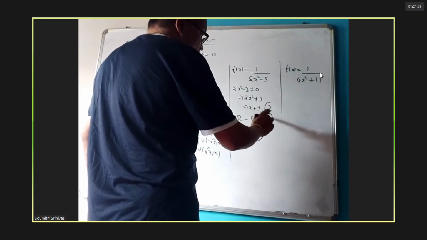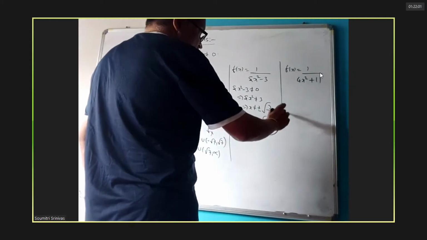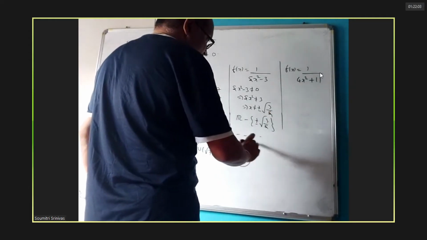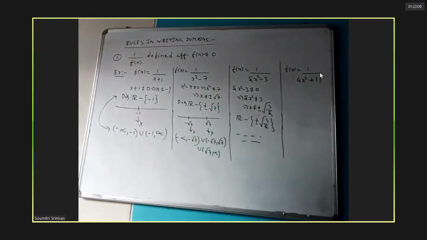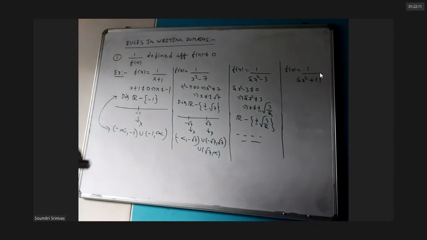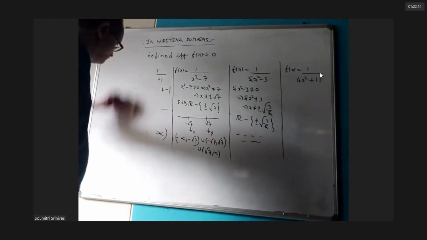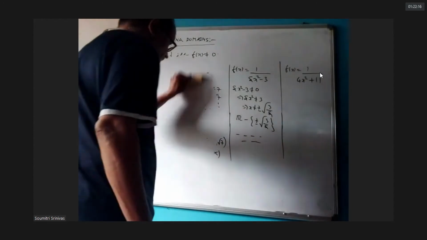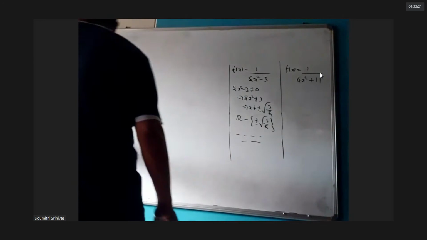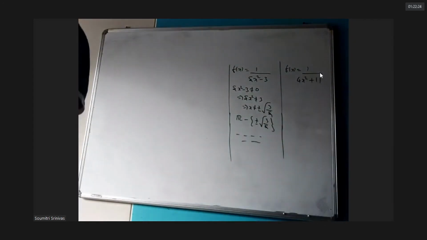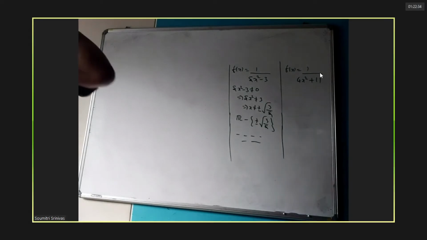R minus plus or minus root of 3 by 5 is the second form. You write the answer in terms of interval also. Done, sir. Okay, done.